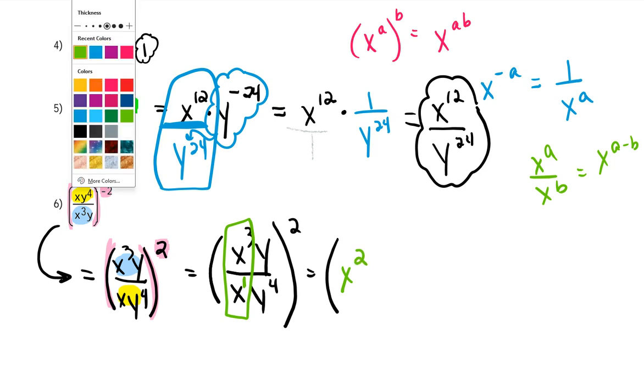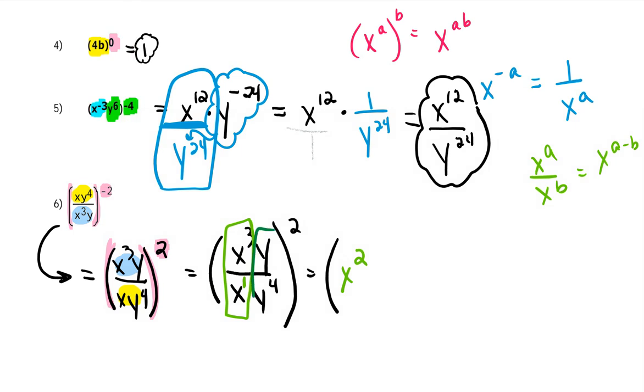But then I also have these two, and that's y to the first divided by y to the fourth. So y to the 1 minus 4 is a negative 3 raised to the second.